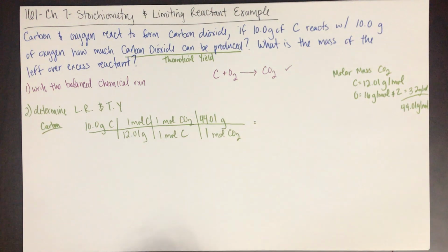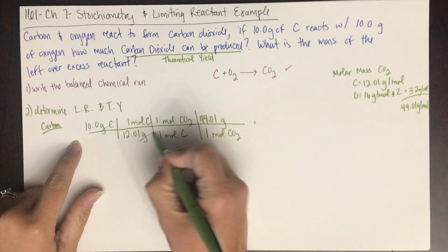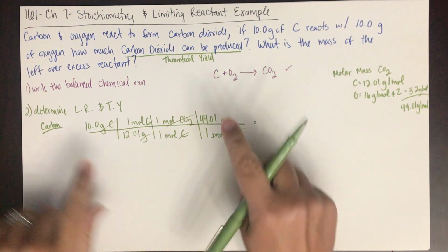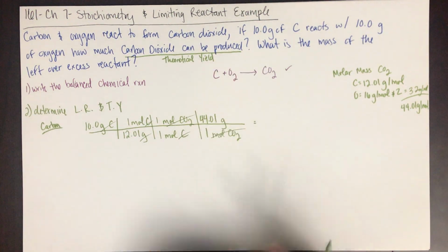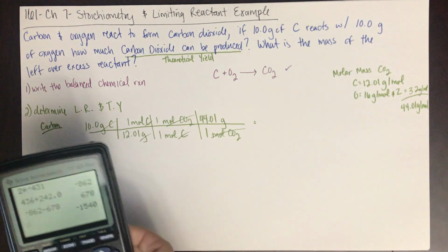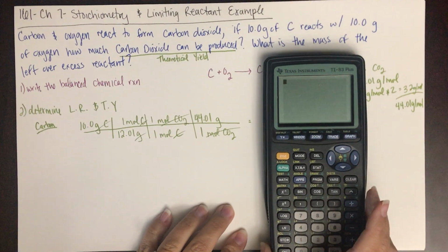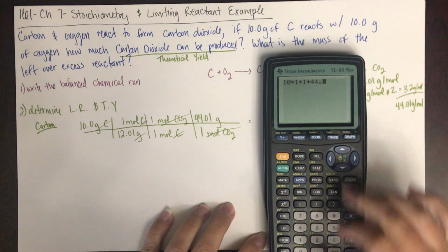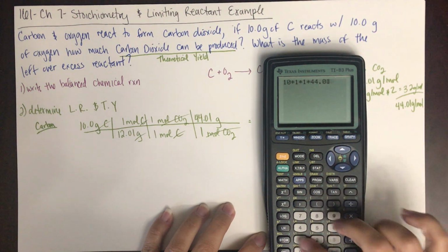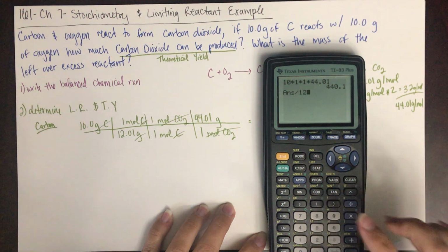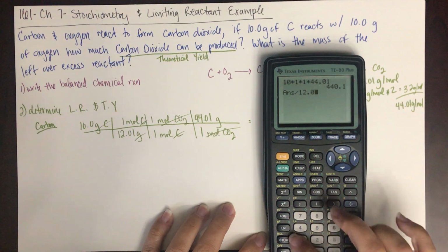So now when I do this calculation, I get rid of grams of carbon, moles of carbon, and moles of carbon dioxide. What I'm going to be left with is grams of carbon dioxide, and that's what I want. So you multiply across the top and divide by what's on the bottom. I'm going to say 10 times 1 times 1 times 44.01 divided by 12.01 times 1 times 1.